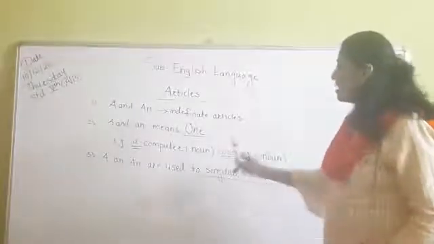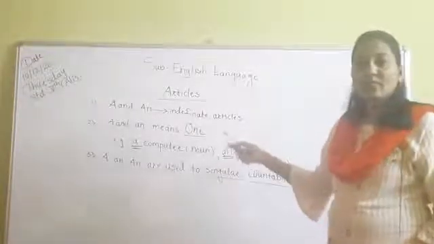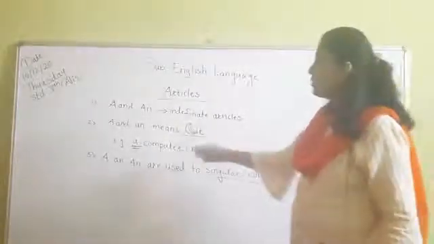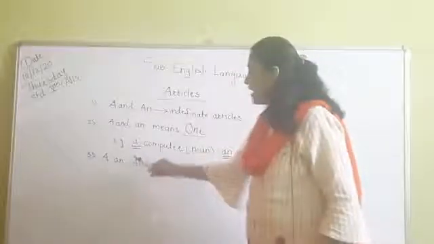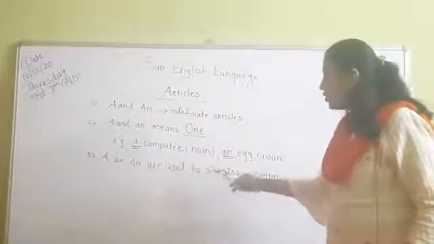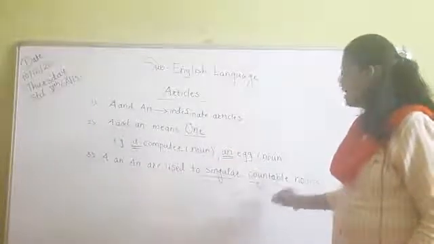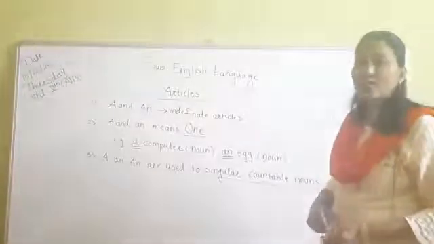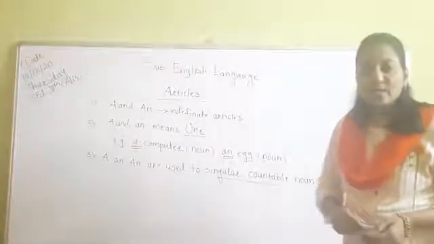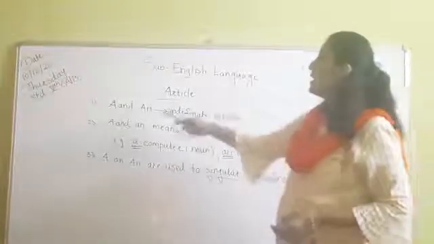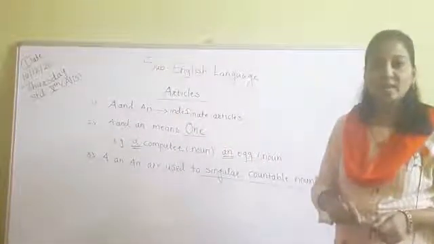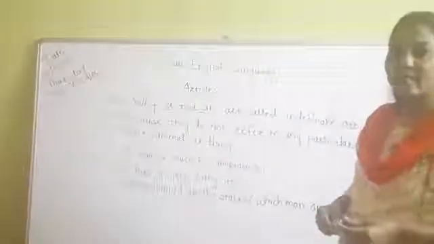And nouns means the name of a person, place, animal or thing, which we have already studied. So a and an are used with singular countable nouns. Have you understood? Now we are going to see why a and an are called indefinite articles. Let's move forward.